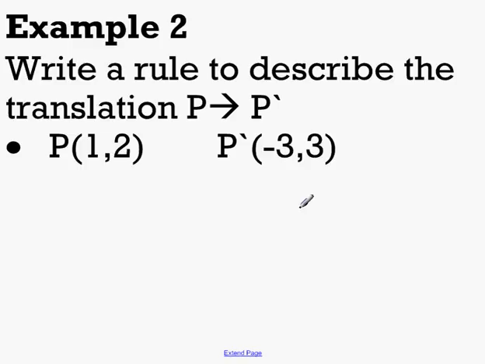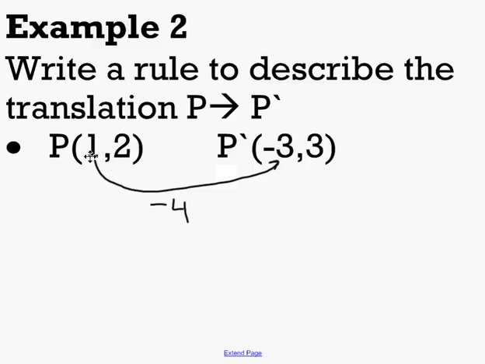It says, write a rule to describe the translation P to P prime. For this example, they want to know, how do you go from this point to this point? What is taking place? Well, to go from 1 to -3, you have to subtract 4.